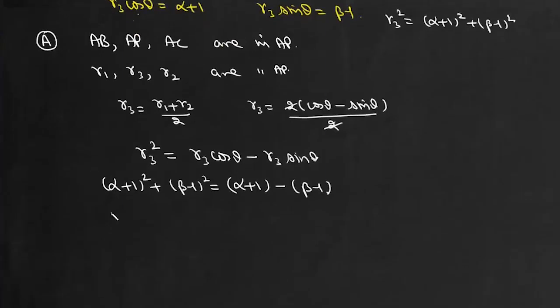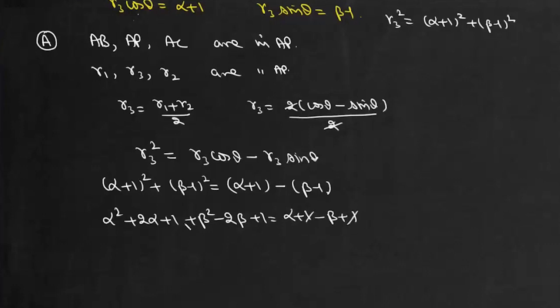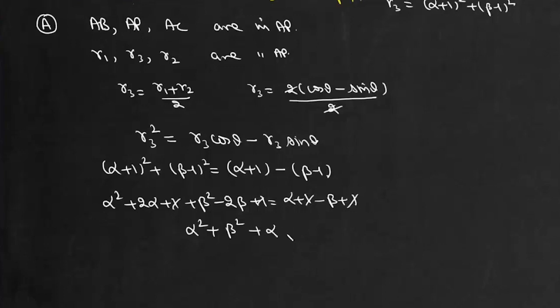Now we can write this as alpha square plus 2 alpha plus 1 plus beta square minus 2 beta plus 1, and there will be alpha plus 1 minus beta plus 1. Now plus 1 and plus 1 will cancel. So this required locus will be alpha square plus beta square, this plus alpha, and then minus beta equals 0. So locus of this point P will be a circle whose equation is x square plus y square plus x minus y equals 0.